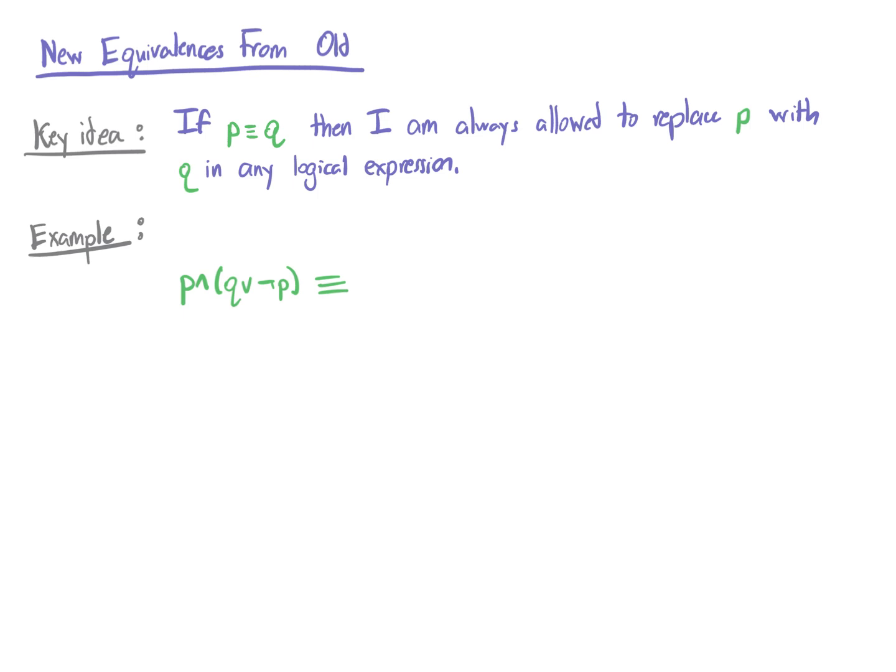We'll jump right in. We have this somewhat complicated logical expression here, P and, parentheses, Q or not P. And what we'd like to do is see what that is logically equivalent to. In order to do this, we are going to do something that looks a lot like a mathematical calculation.